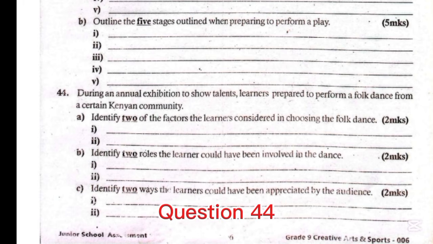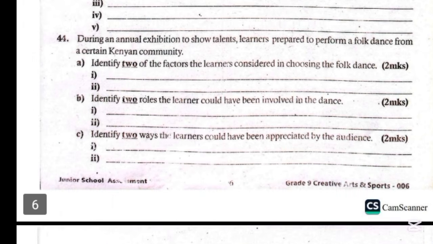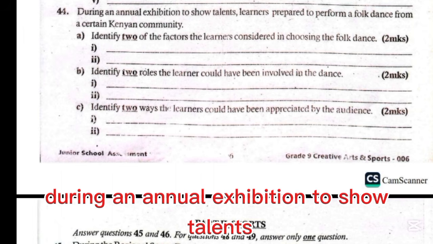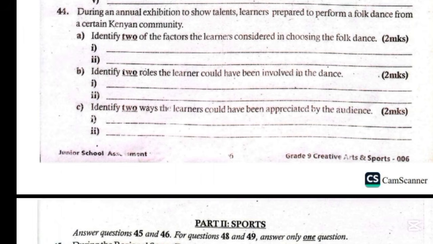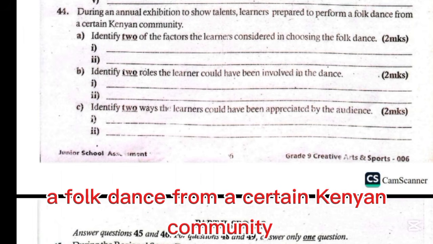Question 44. During an annual exhibition to show talents, learners prepared to perform a folk dance from a certain Kenyan community. Identify 2 of the factors the learners considered in choosing the folk dance.